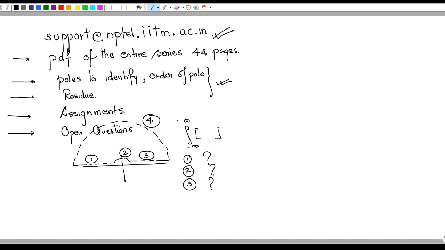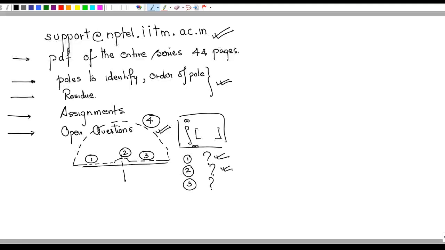So one integral is given on top, and the contour is also made known to you. The picture of the contour will be there in the question paper, so you can see how many portions there are, and I'll ask what the integral value is on portion 1, on portion 2, and so forth.